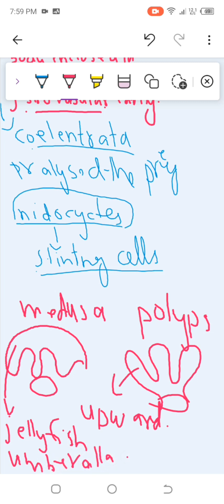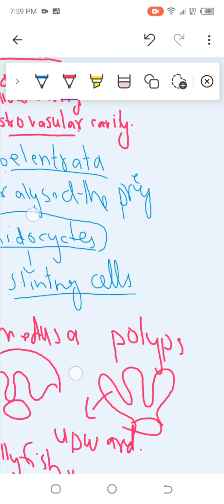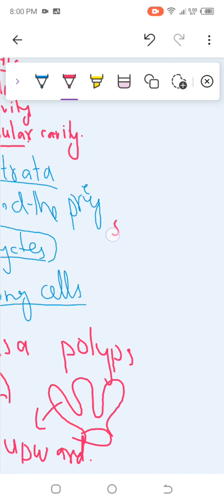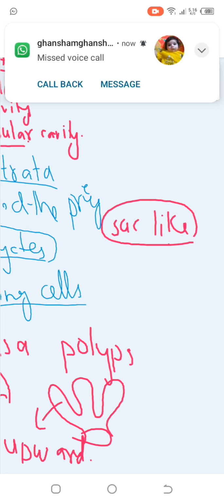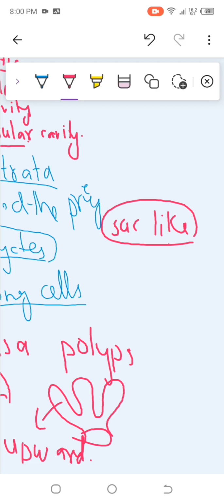After that, their level of organization is tissue level and they have an incomplete body plan, meaning they have sac-like digestion. They are acoelomates, meaning totally absence of coelom.